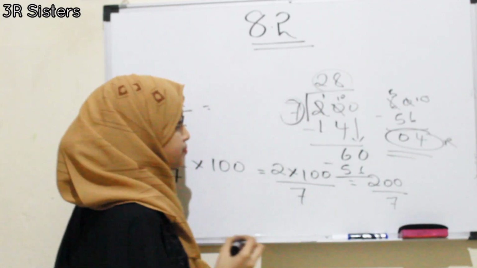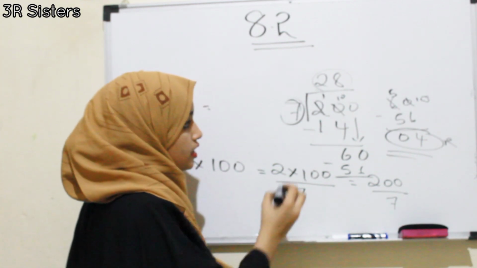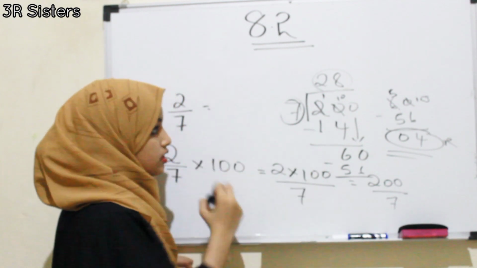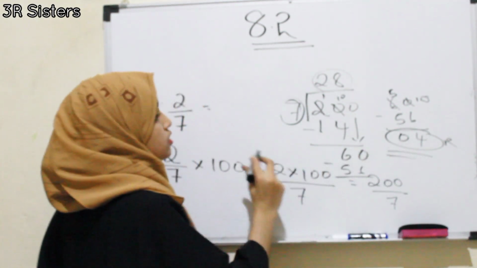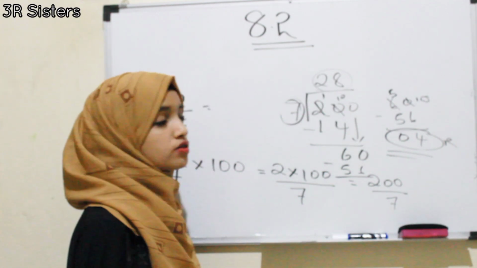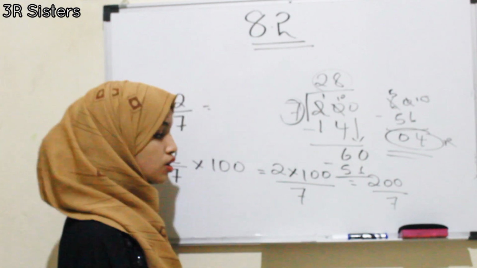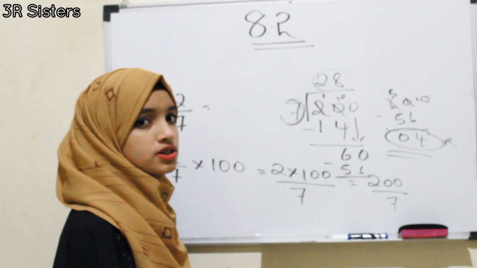This is the number which we divided: 200 divided by 7. So now we got this remainder as 4. It should be 0 so that we can convert it to percentage.